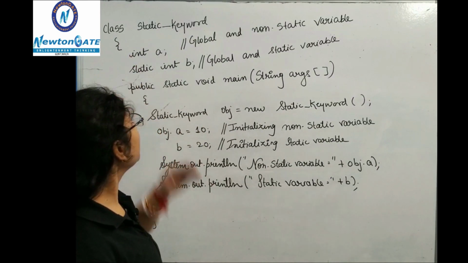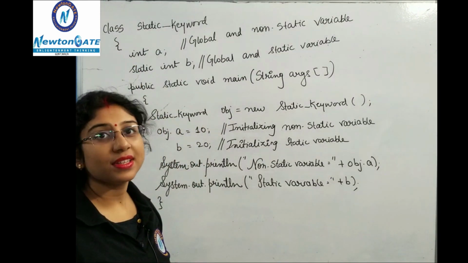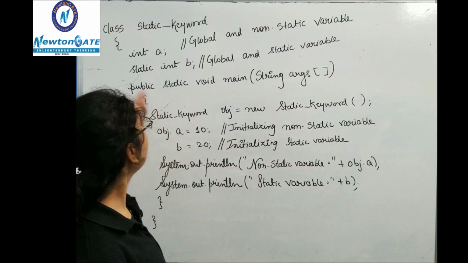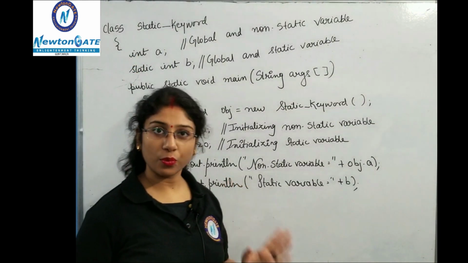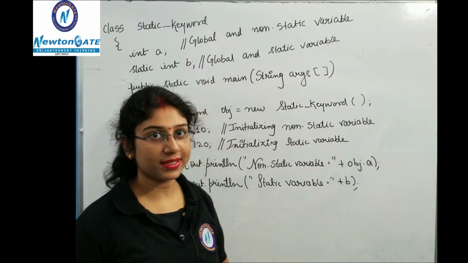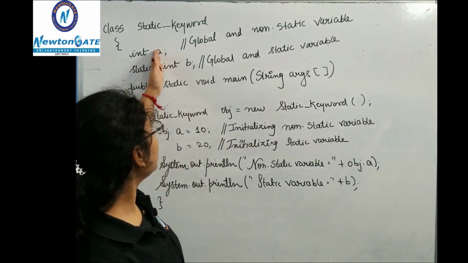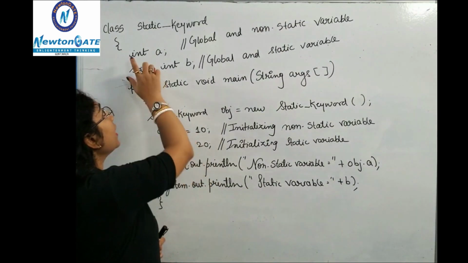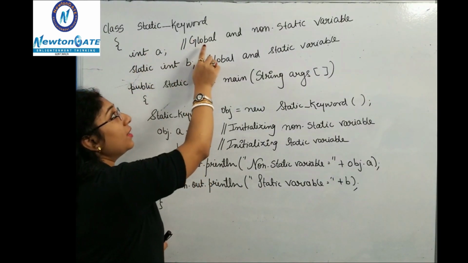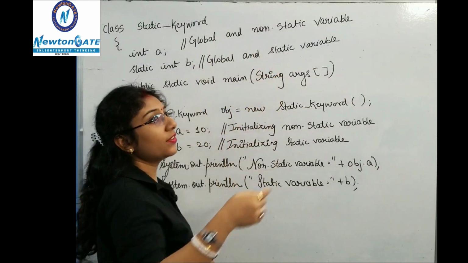The class name is static keyword. Here I have declared two variables, both of integer type. The names of the variables are a and b. In the first line, you can see I have written int a. It's a global variable and a non-static variable.